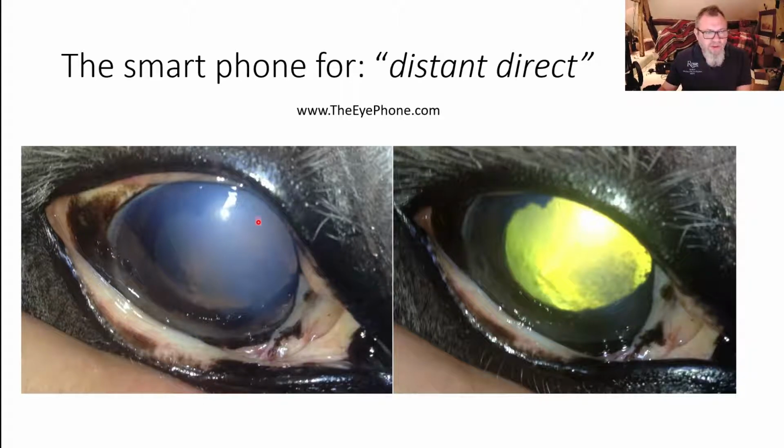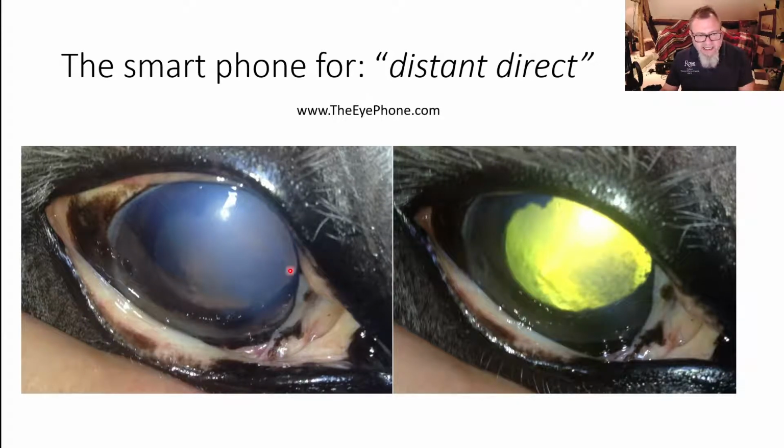Another example is a horse with a grey cornea, just about making out the pupil and the corpora nigra. When we turn the light on, however, most of this blue area we can see is actually transparent, which tells us that blueness is more likely to be edema than infiltrate.